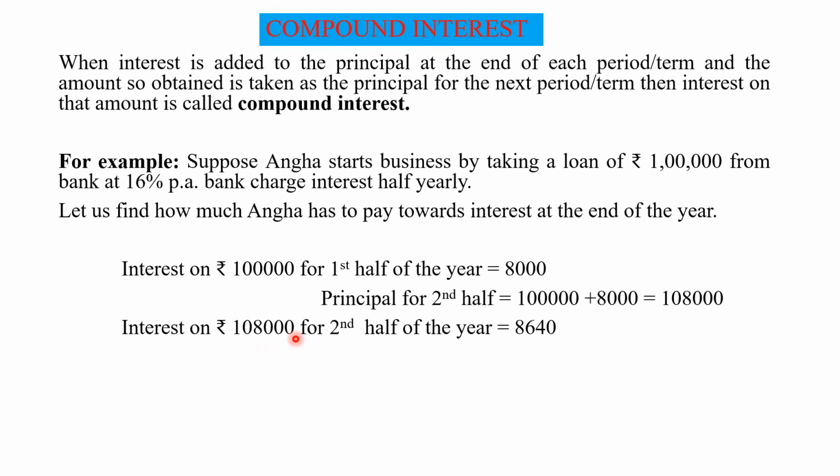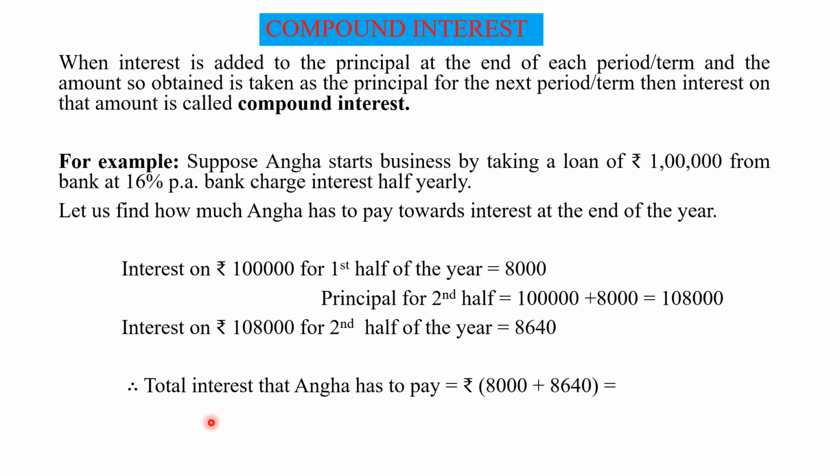Then we calculate again for the second half. The principal value is 1,08,000, and the rate of interest is 8%. So 1,08,000 into 8 into 1 term divided by 100, and the interest is 8,640.